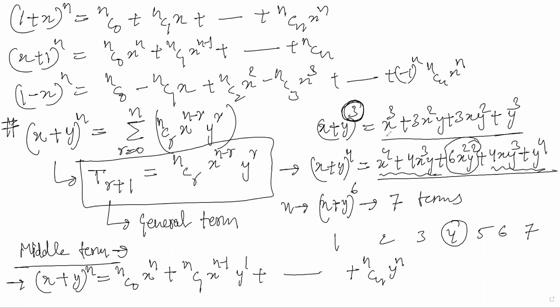So now there are 4 terms. Can someone tell me what's the middle term here in this case? Yeah, just try. Don't worry about whether your answer is correct or not. You just need to try. What's the middle term in this case?